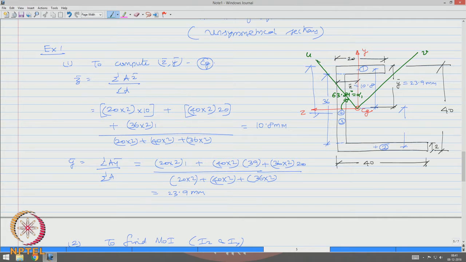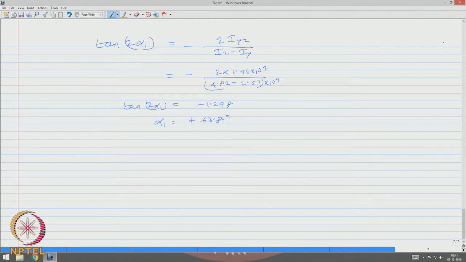It is a positive u. So, these u and v are principal axes of inertia. Now, I can determine them from the formal equation.